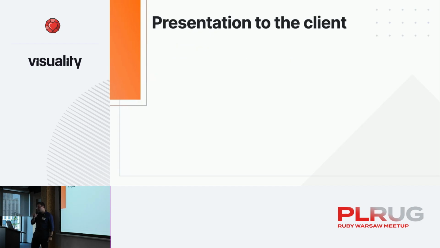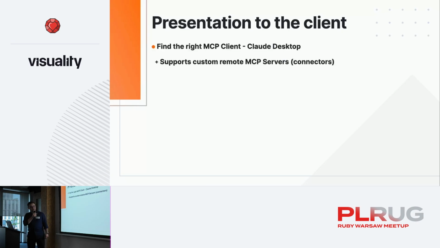The last part of the process was to present our creation to the client. So the biggest problem was to select a normie client that end users could use. So again, ChatGPT or Claude Desktop.